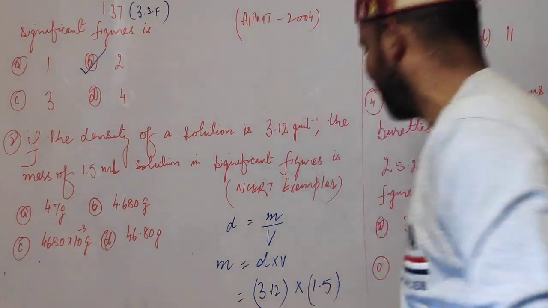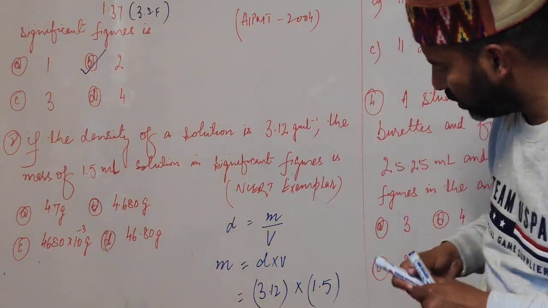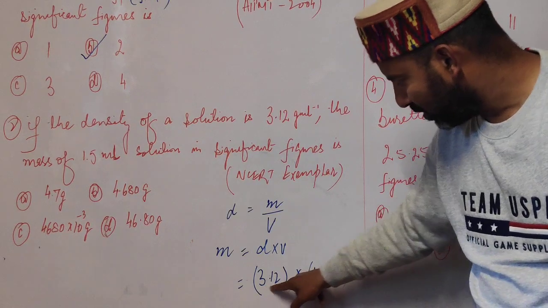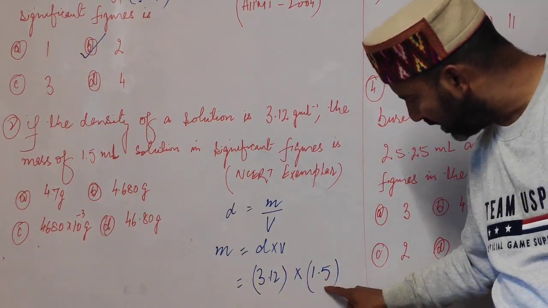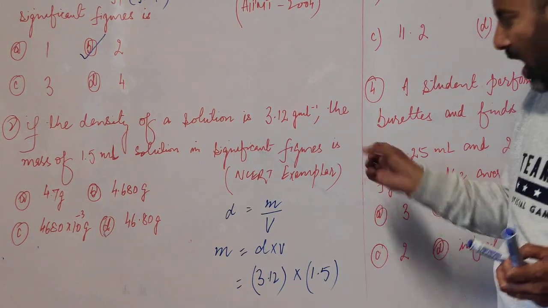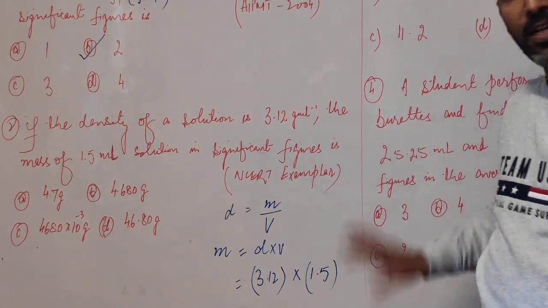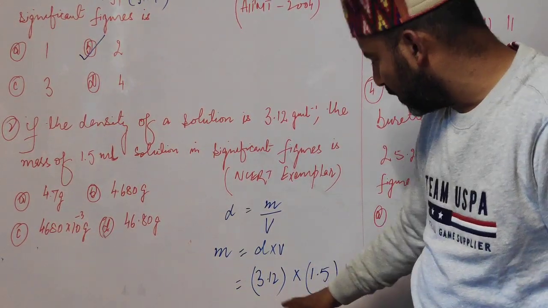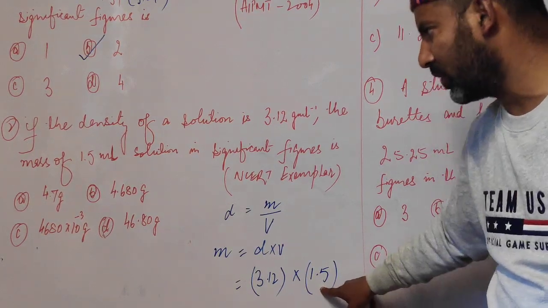Now students, again we are multiplying two terms. One has 3 significant figures, the other term has 2 significant figures. So obviously your answer should be reported up to 2 significant figures.